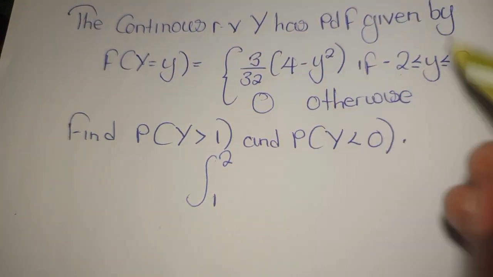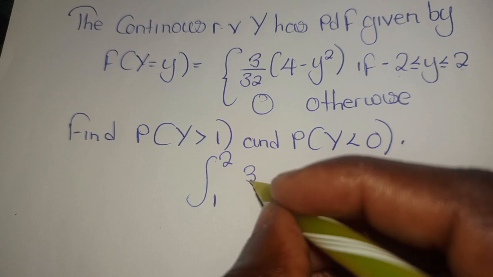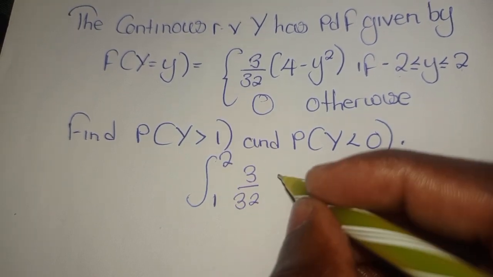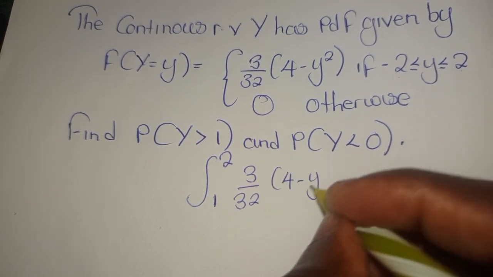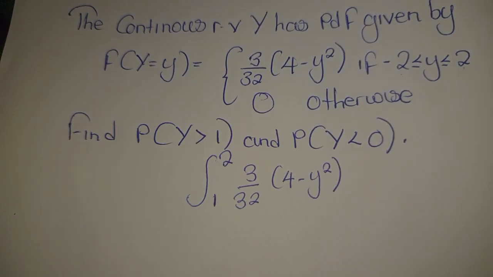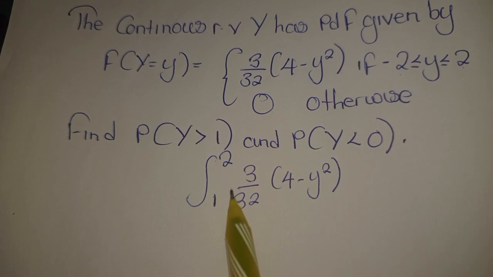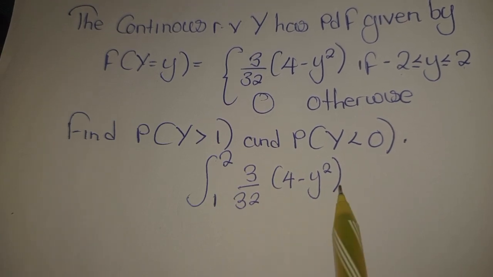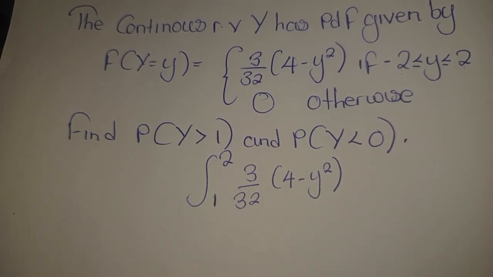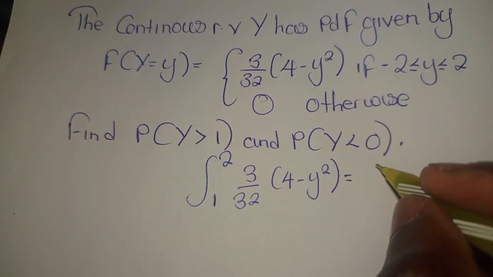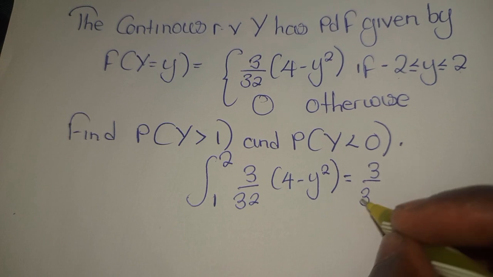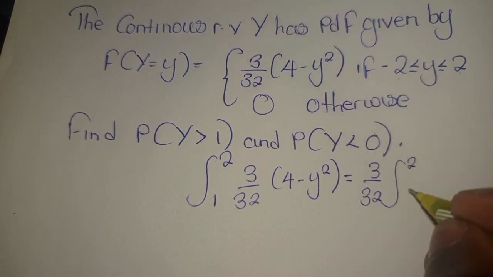Then this is the function which they have given us, the probability density function. So for us to find the area under the curve, remember under integration, if there is a constant outside of a bracket, it can be factorized so that you take it outside the integral. And if you take it outside the integral, this will be your function.